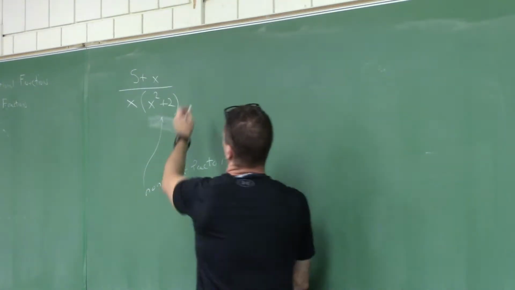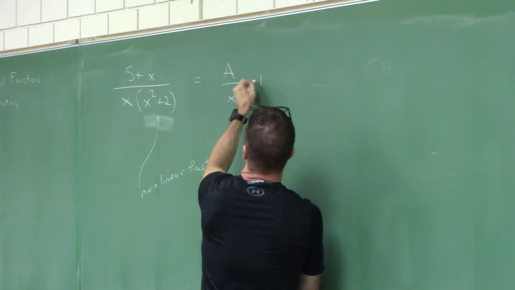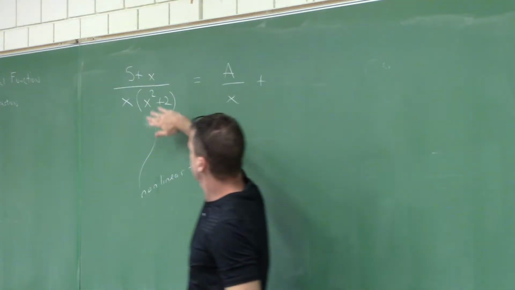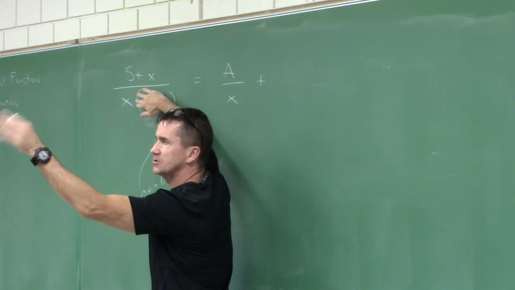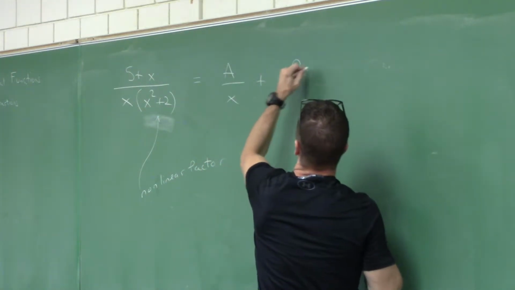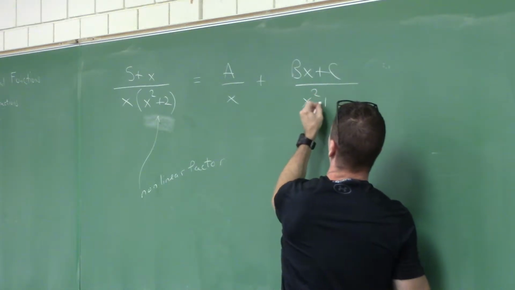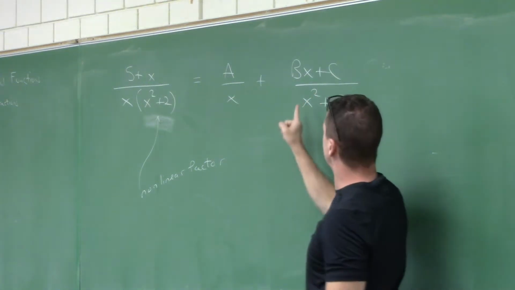All right. Well, let's first take care of the linear factor. A over x. Is everyone okay with that? And again, we're ignoring that numerator, right? This is how you set it up for a non-linear factor.